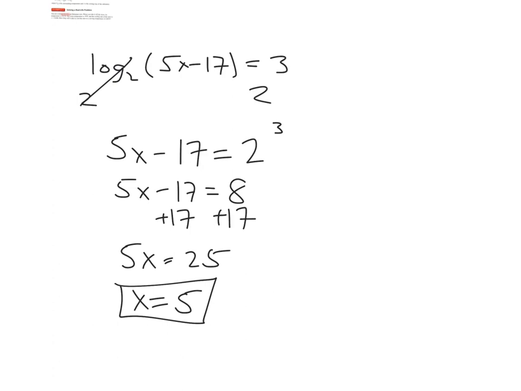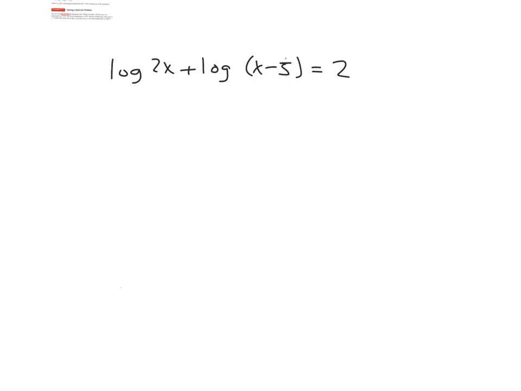So let's go ahead and keep trying these. Let me try this example here. All right, let's try this one on for size. So you have two logs on the same side, right? And then, of course, you have this random 2.